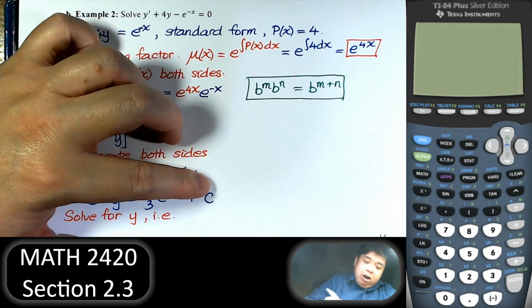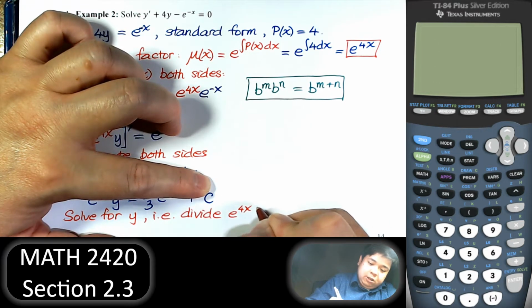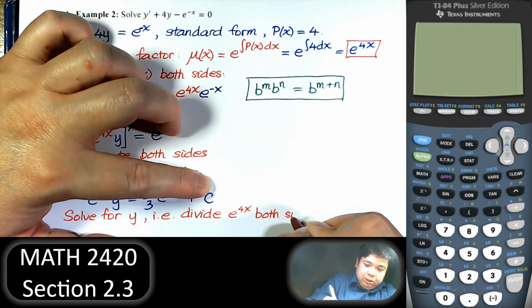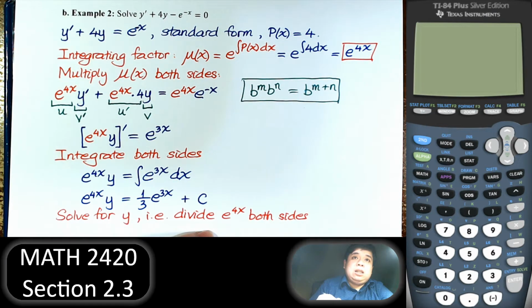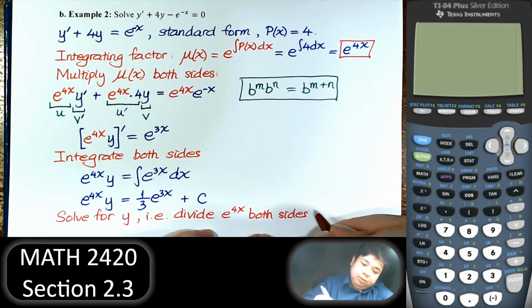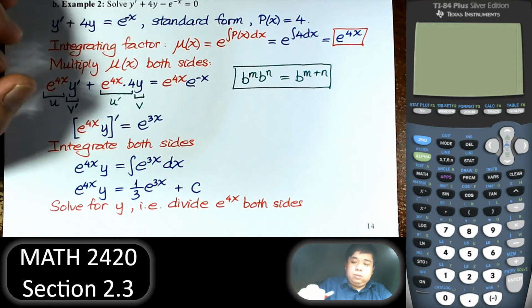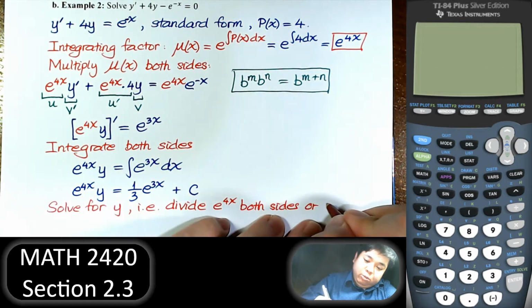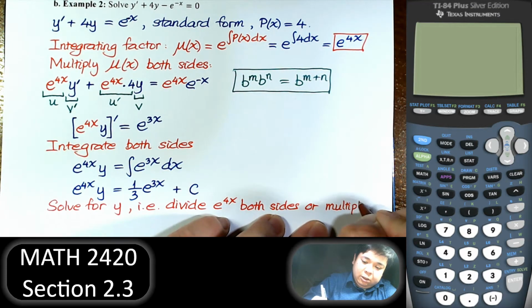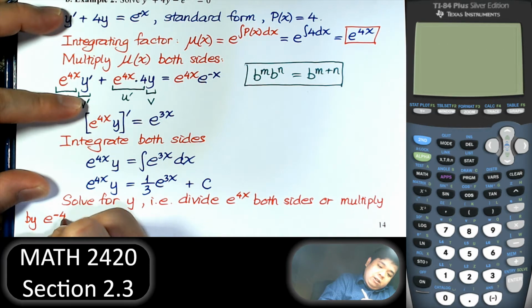So next, solve for y. Meaning that we divide e to the 4x on both sides. But dividing by e to the 4x is the same as multiplying by e to the negative 4x on both sides. Instead of dividing by e to the 4x, we multiply by e to the negative 4x.